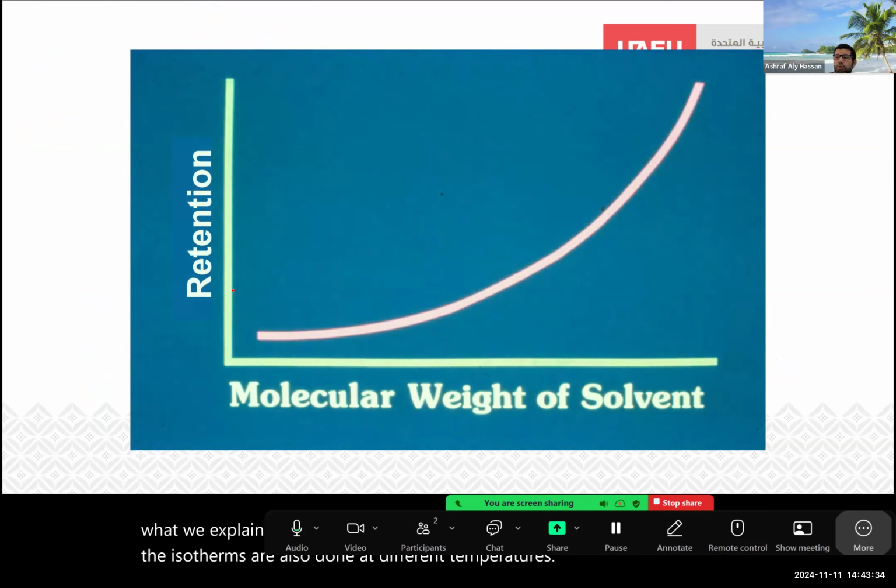Another parameter that also affects the retention is the molecular weight of solvents. If you have a high molecular weight, you will have more retention. If you have a lower molecular weight, you will have lower retention. This is the molecular weight of the particle itself that attaches to the surface. Think about it: if you have a large molecule, it only attaches to the surface with one part of it.